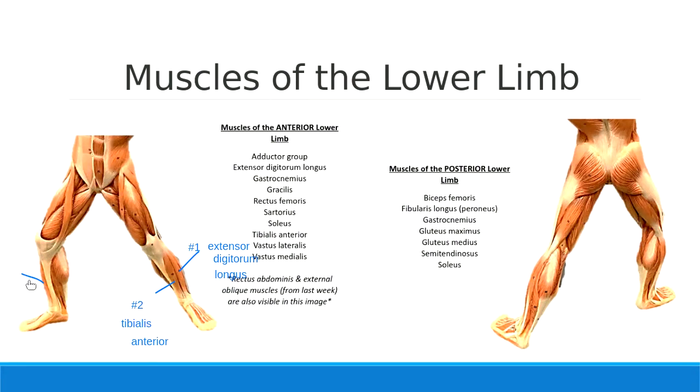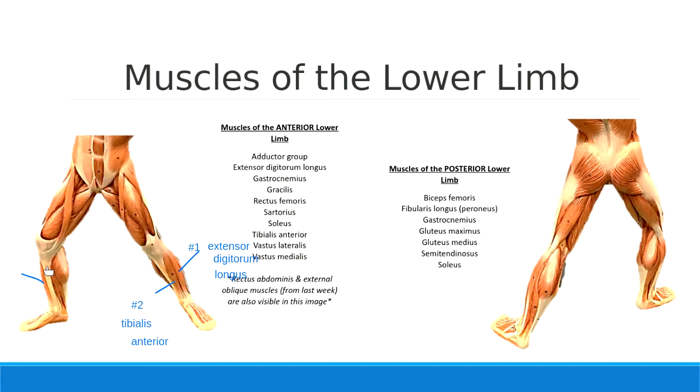Can we tell? It's the one that's medial. Yep, got a couple of votes for tibialis. Again, this is not my best view of tibialis anterior, but it is the tibialis anterior because it's the one that's more medial, right on top of the tibia. We can see the tibia really well here.